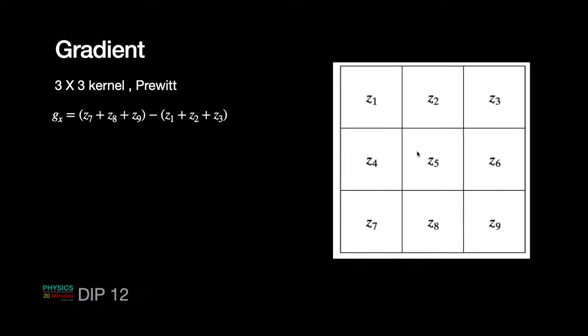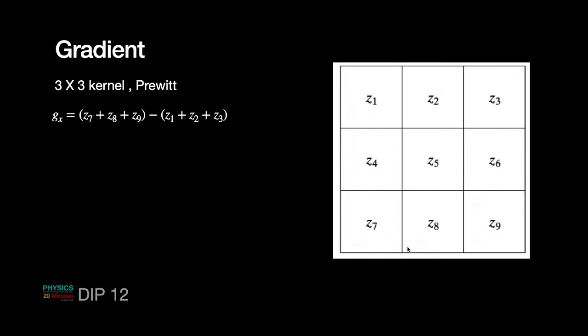So if this is my image and I want 3 by 3, then I can subtract z1 from z7, z2 from z8, z3 from z9. When we say f of x plus 1 minus f of x, instead we increase the interval and say f of x plus 2 minus f of x.